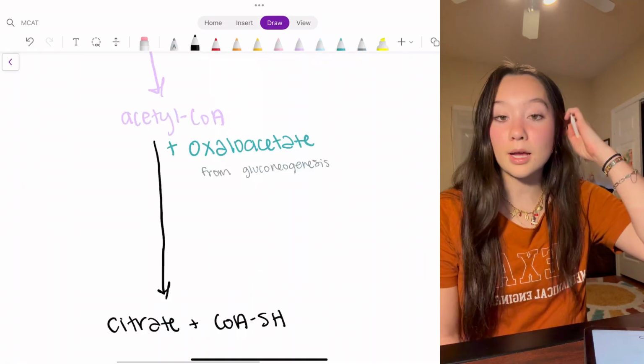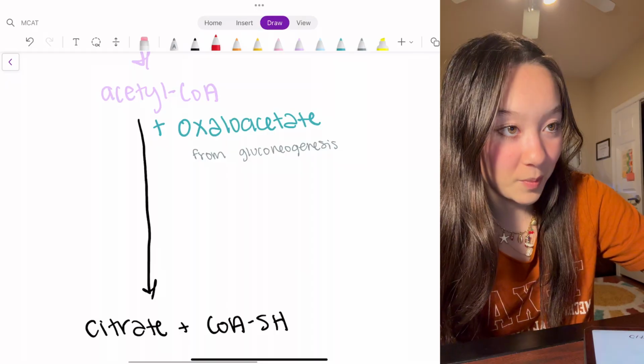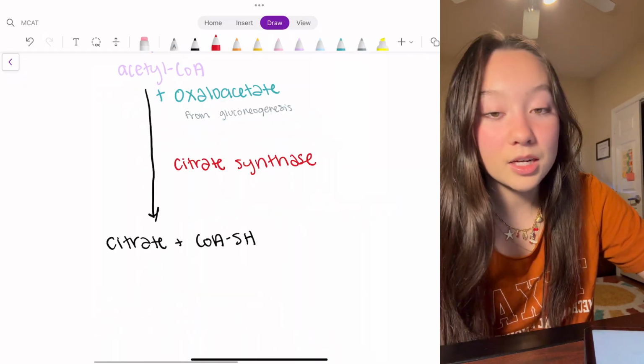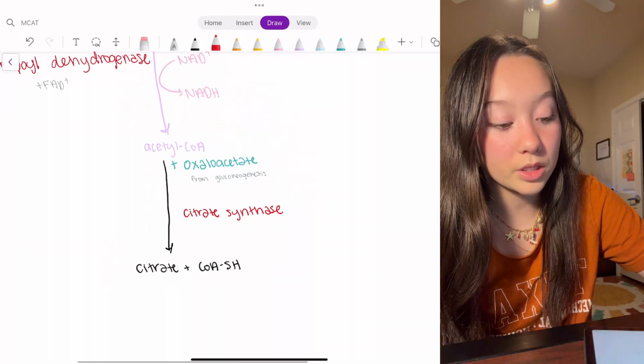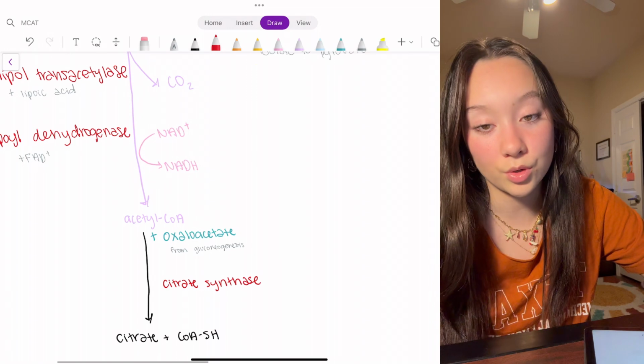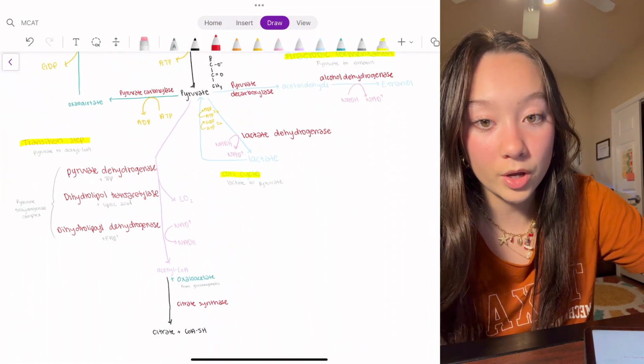And this is done by an enzyme called citrate synthase. That one is fairly easy to remember since we are synthesizing a citrate. And if we're keeping track of our carbons, we determined, if you remember from the transition step, that acetyl-CoA is 2 carbons because we start off with this 3-carbon pyruvate.